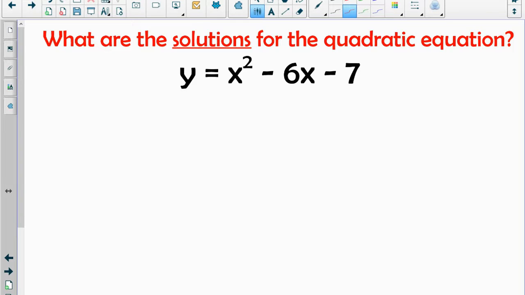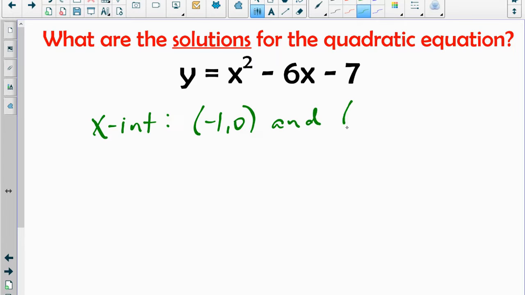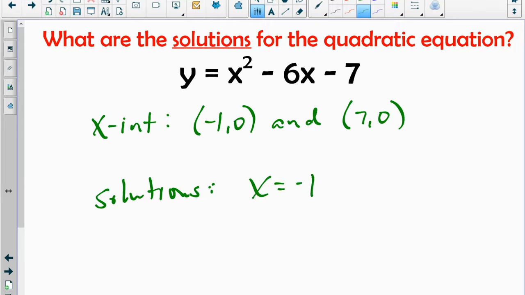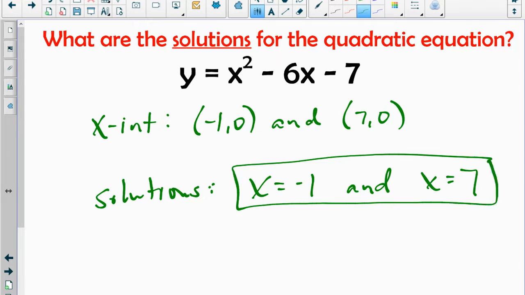So I'm going to record here that my x-intercepts are -1, 0 and 7, 0. So what are the solutions? My solutions then are x equals -1 and x equals 7. Those were the x values within my x-intercepts. The ordered pair isn't technically the solution.